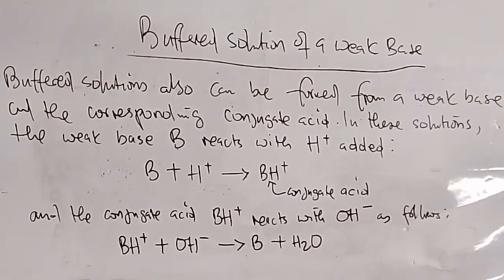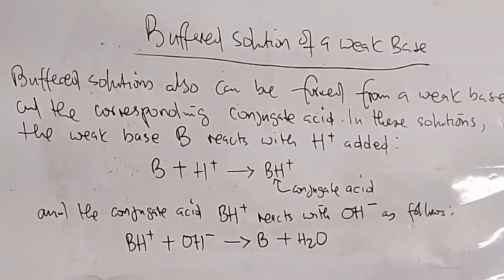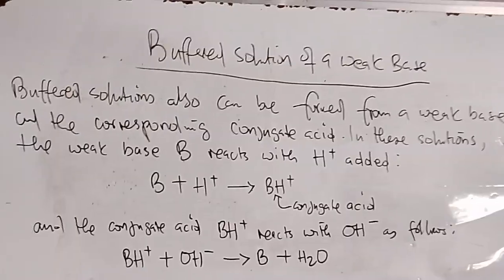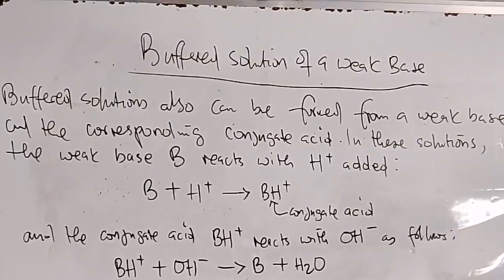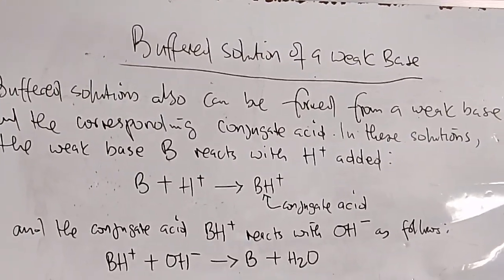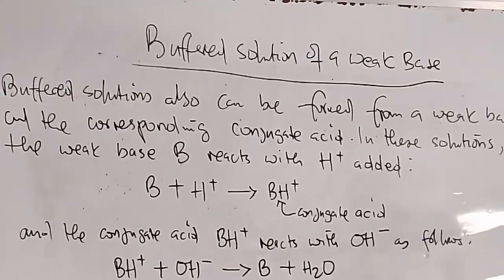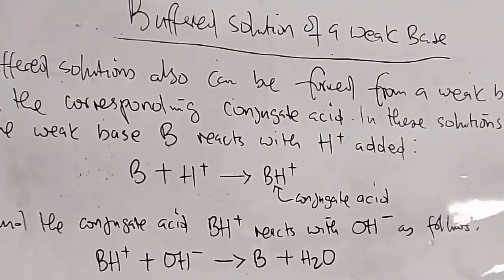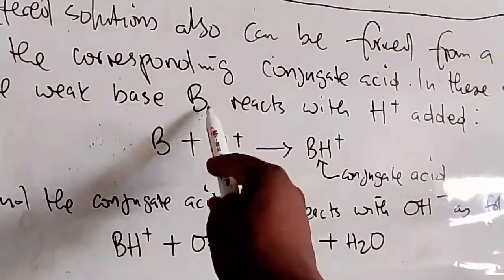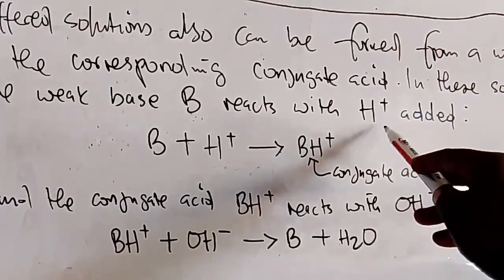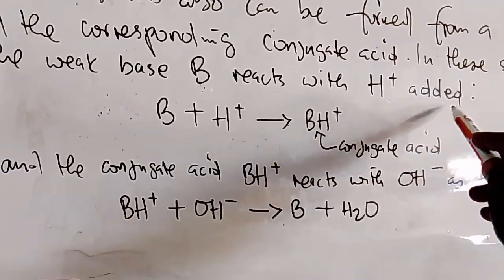Let's now look at a buffered solution of a weak base. Buffered solutions also can be formed from a weak base and the corresponding conjugate acid. In these solutions, the weak base B reacts with the added hydrogen ions.